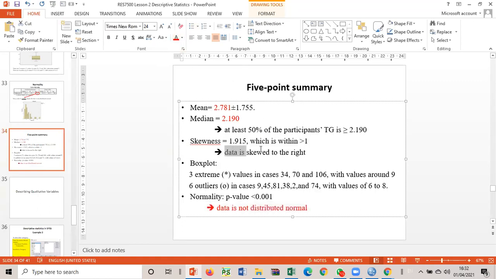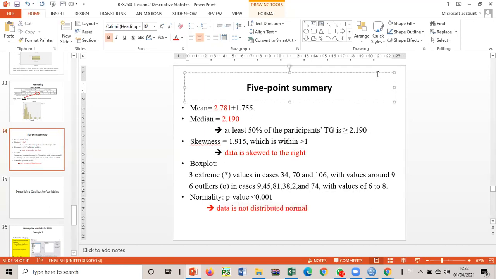Normal data must be symmetrical and bell-shaped. If it's not symmetrical, it cannot be normal.